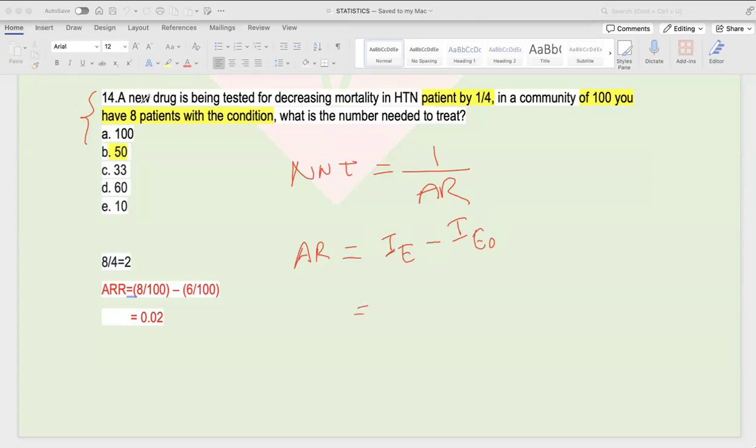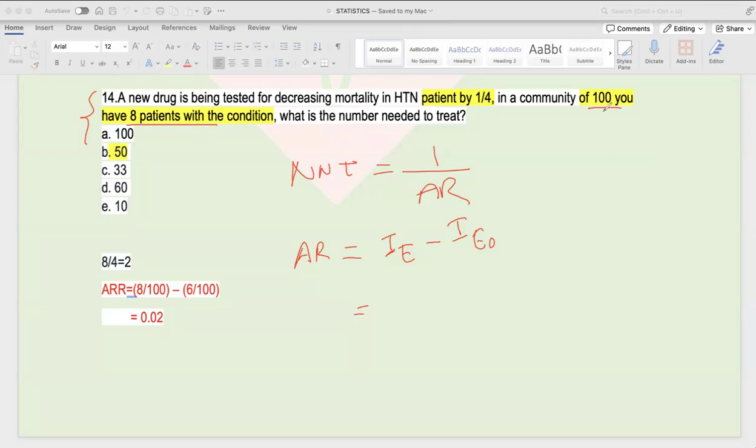Now, in here, in a community of 100, you have 8 patients who have the disease. And this group is the one who is not exposed to any medication. So the question is asking something like that.